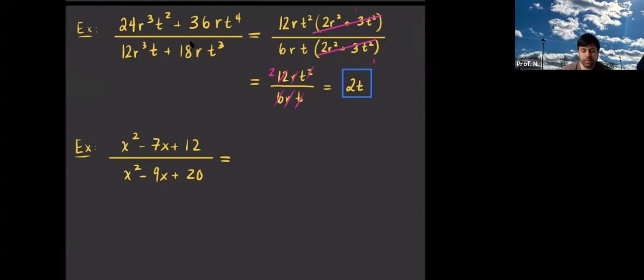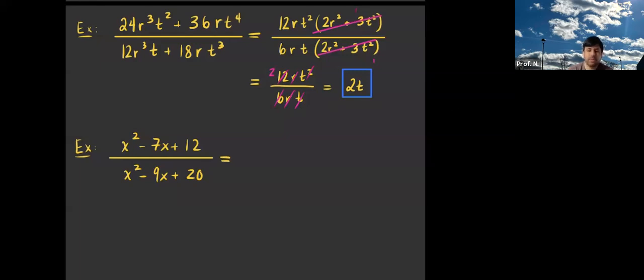Or what does it factor into? So in a way, this is a bit of a review, right? I know it's been a long week. Nice break. We're back. So what does the numerator and denominator factor into?